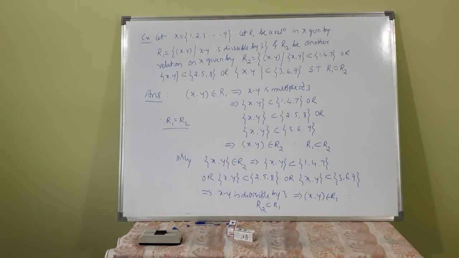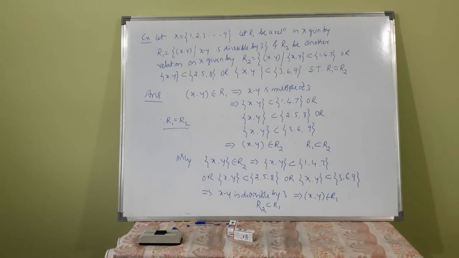In other words, x minus y is divisible by 3, so (x, y) belongs to R1. If (x, y) belongs to R2 implies (x, y) belongs to R1, then R2 is a subset of R1. If R1 is a subset of R2 and R2 is a subset of R1, then R1 is equal to R2.